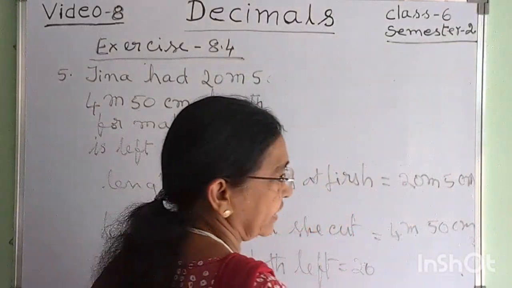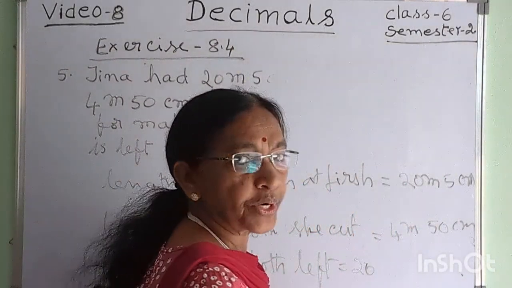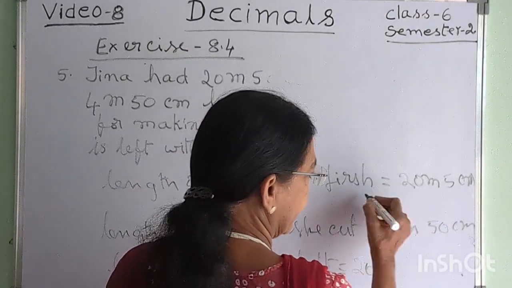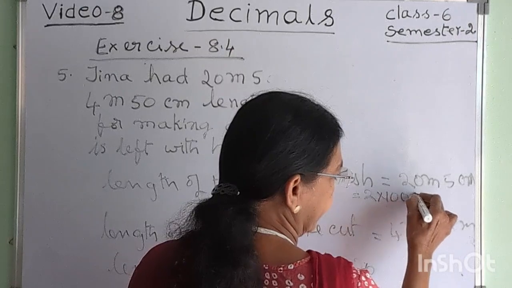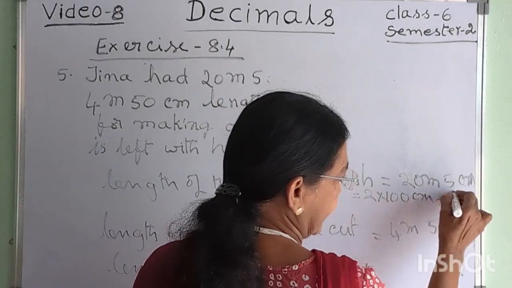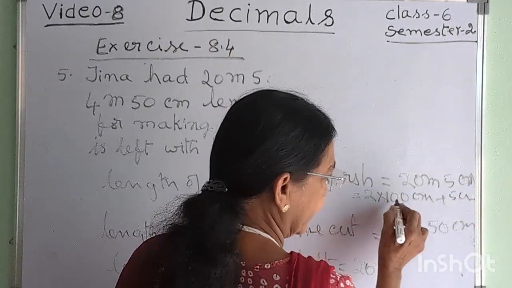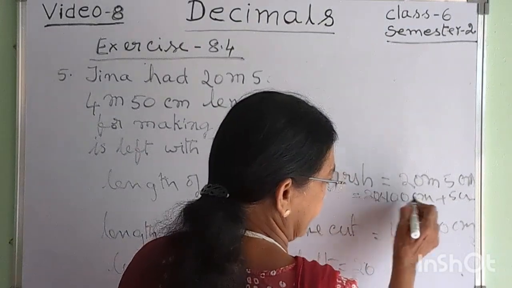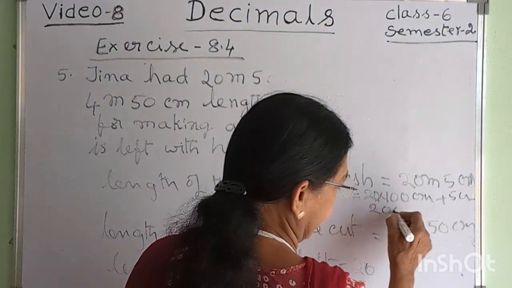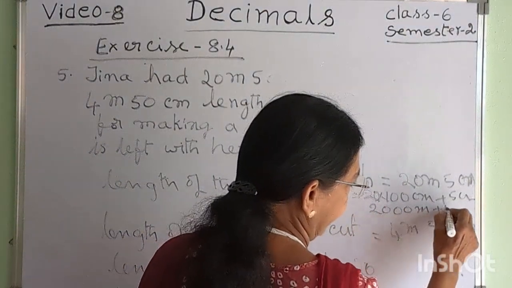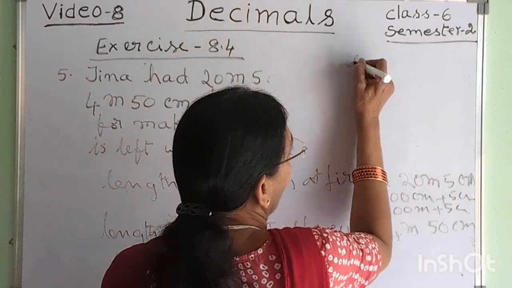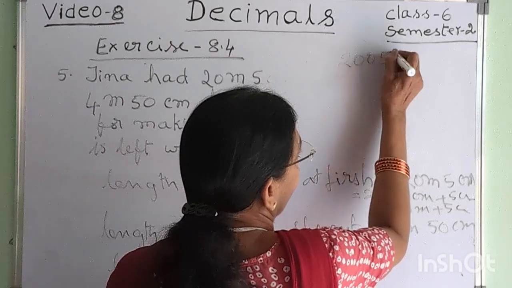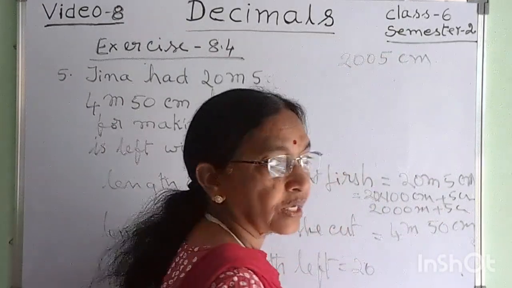Before subtracting, we will convert it into decimal numbers. 20 meters is equal to 20 into 100 centimeters plus 5 centimeters. So 20 into 100 centimeters is 2000 centimeters plus 5 centimeters, that is equal to 2005 centimeters.